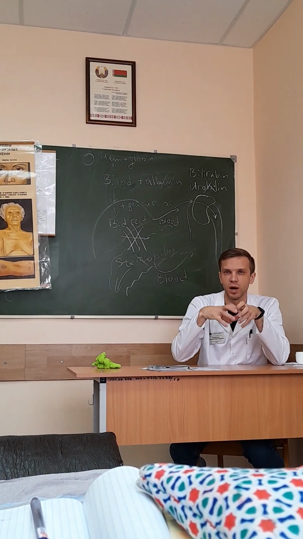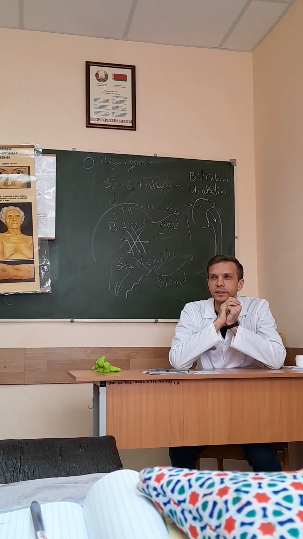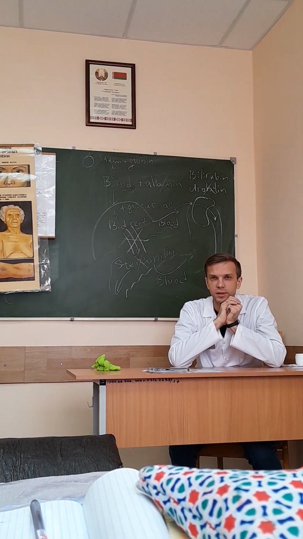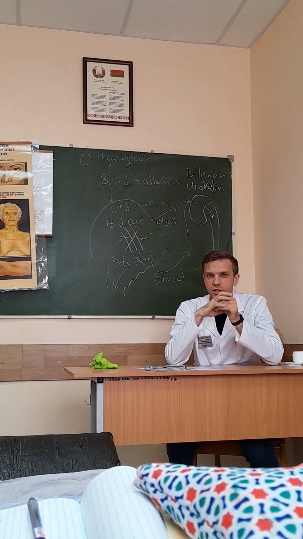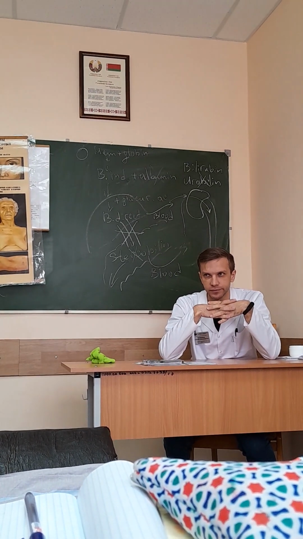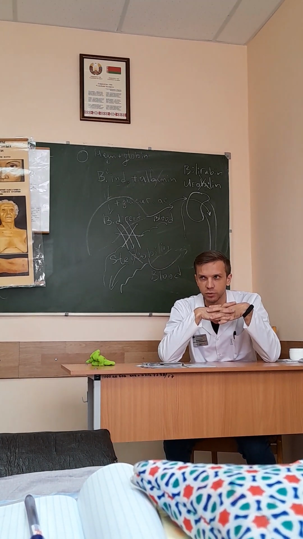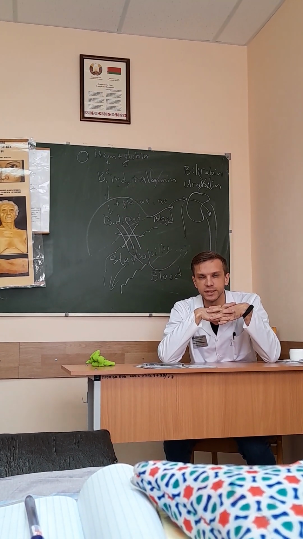Blood can take more iron. Ferritin is a depot of iron. Ferritin increases if there is a lot of iron. Ferritin decreases if the depot is empty. In hidden iron deficiency, iron of blood serum could be normal, but ferritin is decreased.